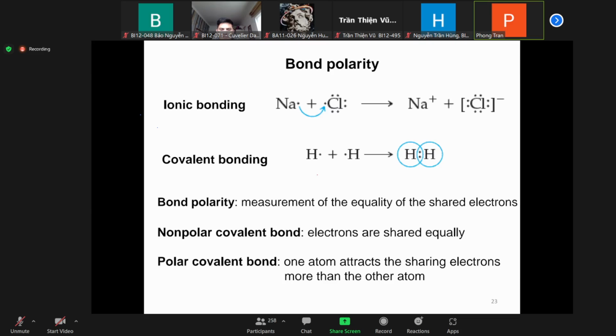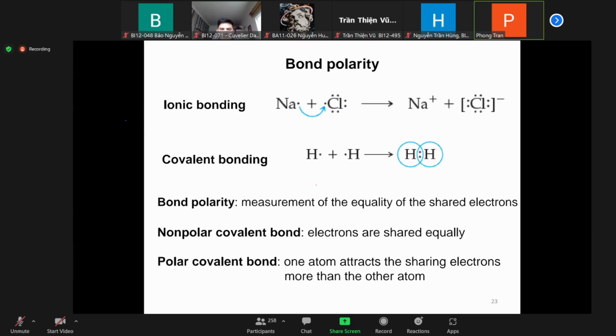So we have ionic bonding and we have covalent bonding. The bonding polarity is a measurement of the equality of the shared electrons. Here, you take one electron from this hydrogen and another electron from this hydrogen. They share the two electrons to make the molecule, the covalent bond.